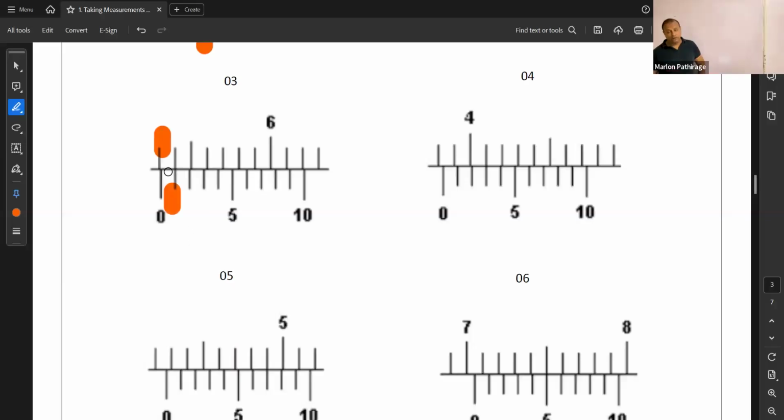The answer is 53.1: this is 53 and this one is 0.1. Then this line is 39, so this one should be 38. The reading is 38.3 millimeters.